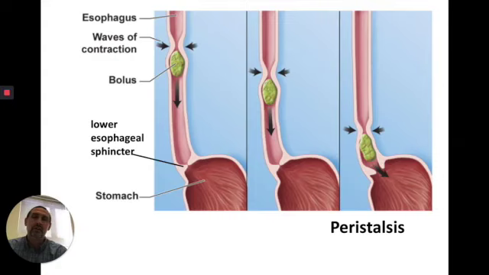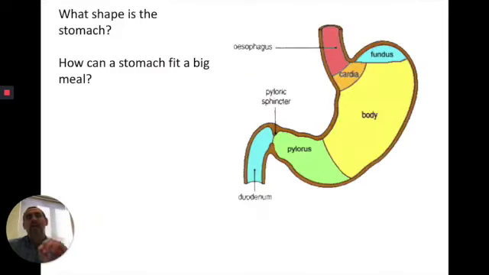So after we swallow, the food's on its own. The way it moves through our digestive tract is by these rhythmic contractions of smooth muscle. Smooth muscle is muscle we don't control. Those contractions are called peristalsis. It happens automatically. When food enters our stomach, it begins to be digested by the stomach acids.